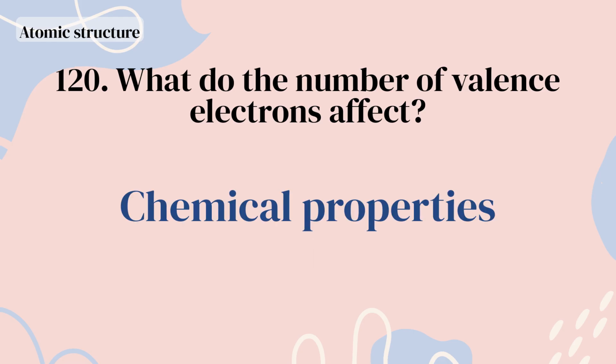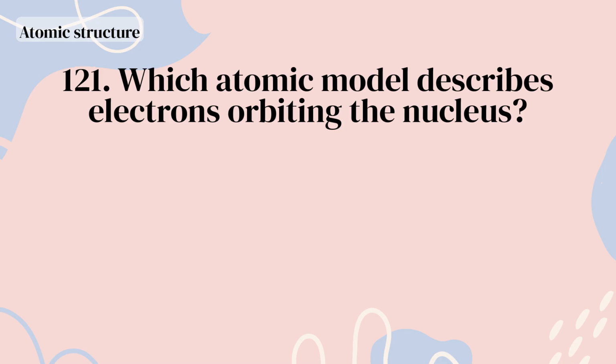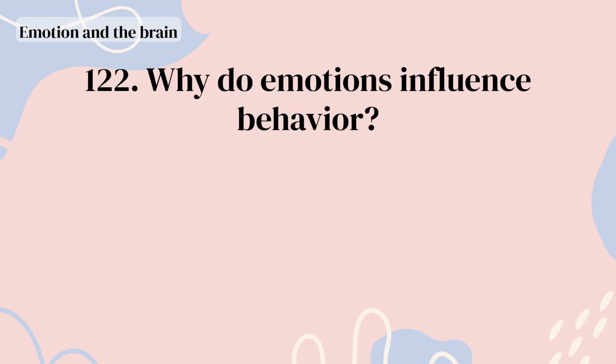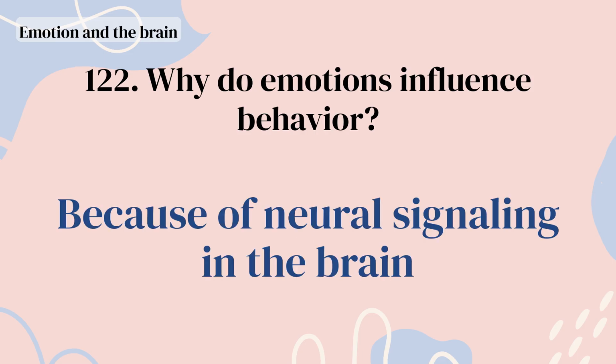What do the number of valence electrons affect? Chemical properties. Which atomic model describes electrons orbiting the nucleus? Bohr model. Why do emotions influence behavior? Because of neural signaling in the brain.